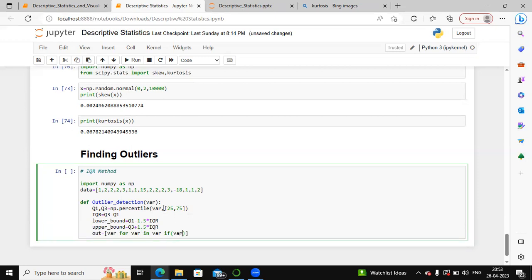If the variable is greater than lower bound, or, okay, I have to use the or function now.